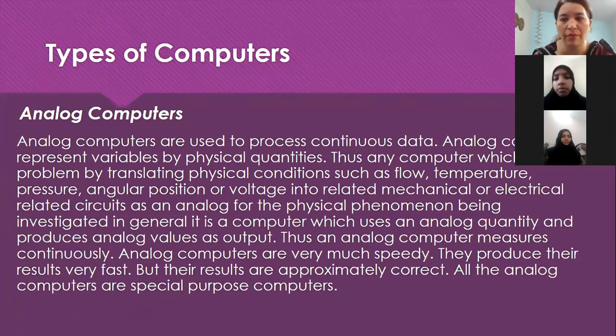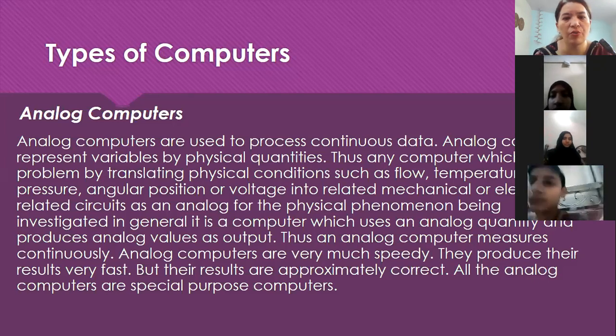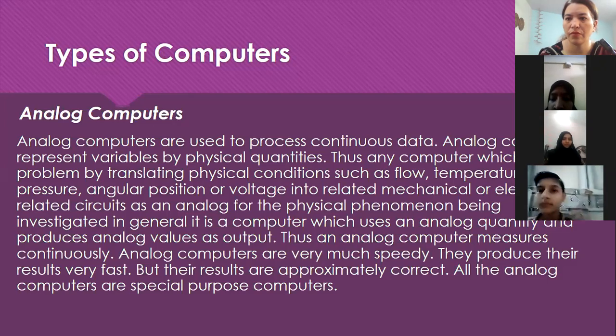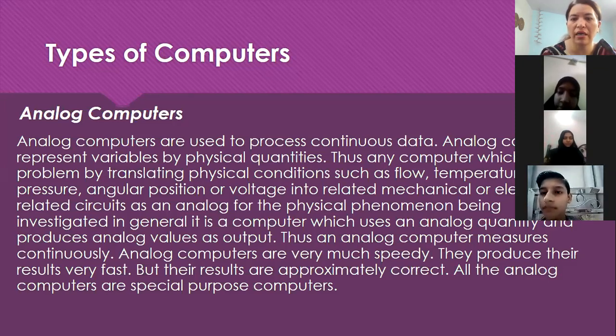Analog computers are the computers which work in a continuous form. Let's talk about the definition. Analog computers are used to process continuous data. Analog computers represent variables by physical quantities. Whenever we talk about any physical quantity, we are talking about analog data.